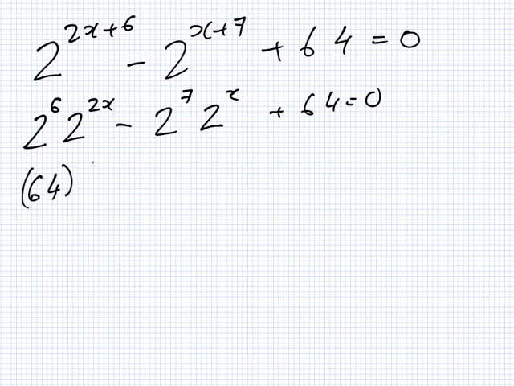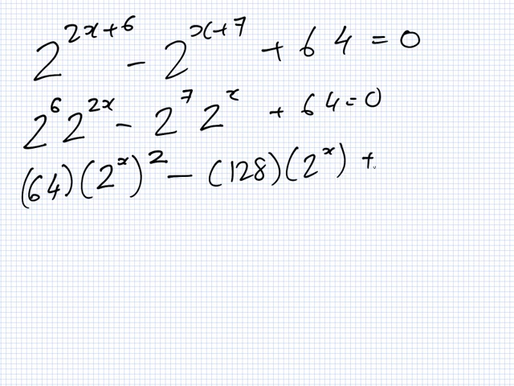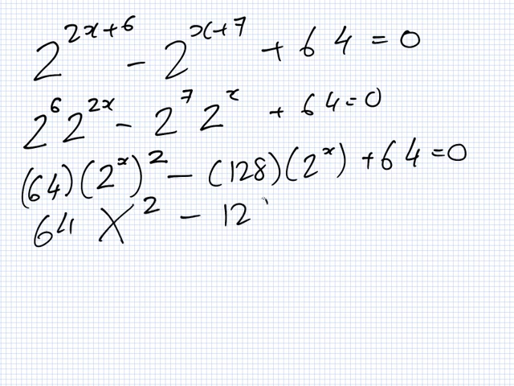So 64 times (2^x) squared minus 128 times 2^x plus 64 equals 0.